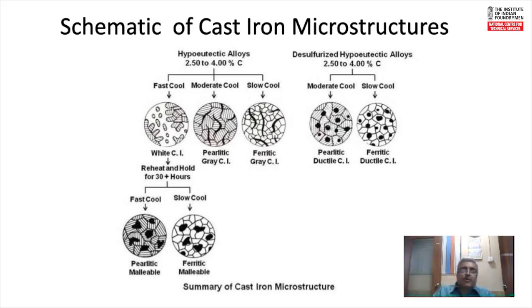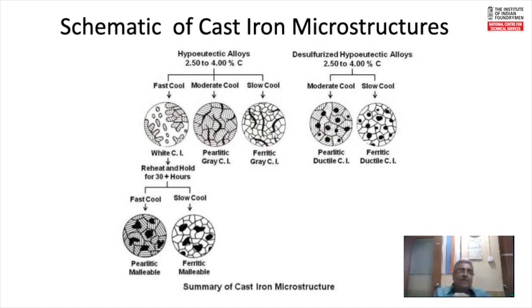And if you do slow cooling and have carbon towards the higher end of the spectrum, then more carbon will come out of the solution. So you will have graphite flakes and a ferritic matrix.